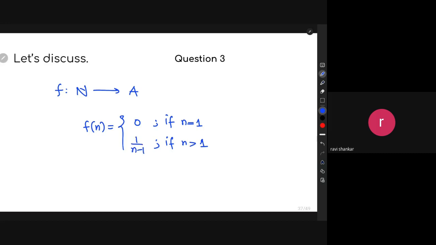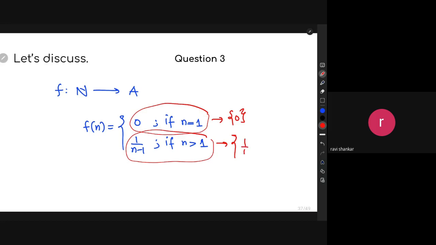So this will include the 0 singleton, and the other part will include 1 over n. In this way you have mapped every element of A bijectively from N, so A is countable.